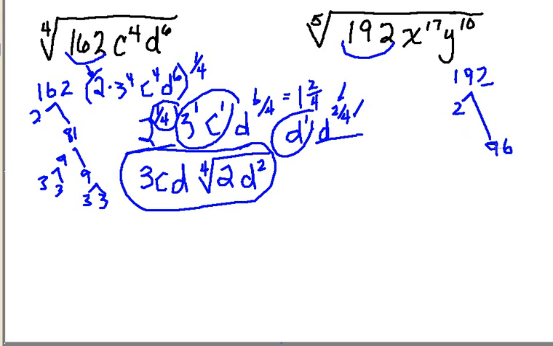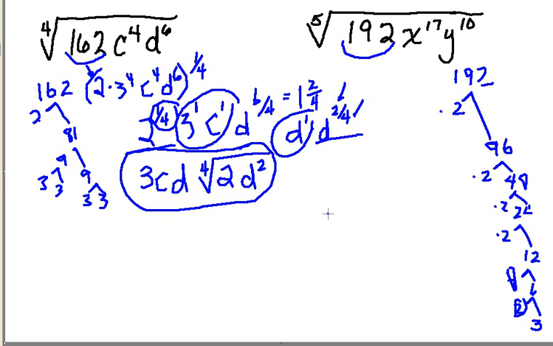I can break 96 down into 2 and 48, 2 and 24, 2 and 12, and 2 and 6, keep going, and 2 and 3. And I'm left with 1, 2, 3, 4, 5, 6 twos. So this is 2 to the 6th, 3 to the 1st.